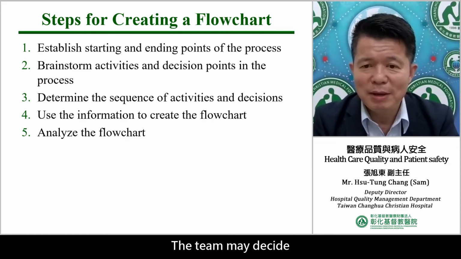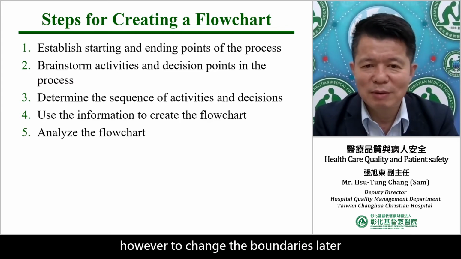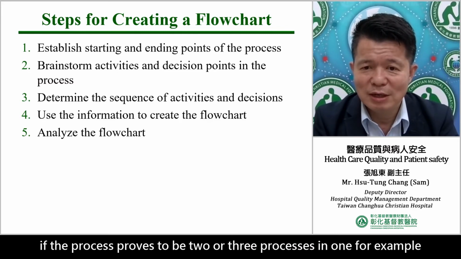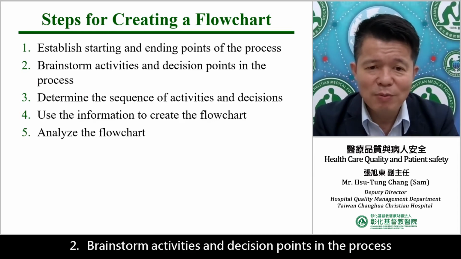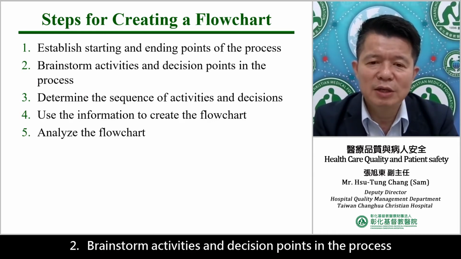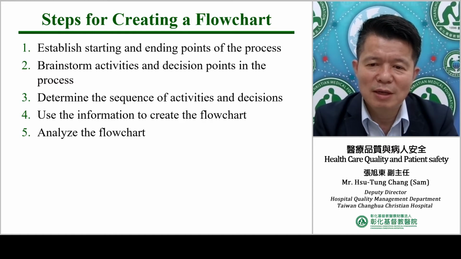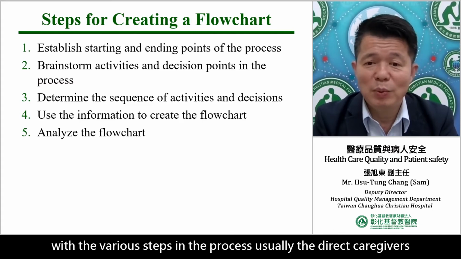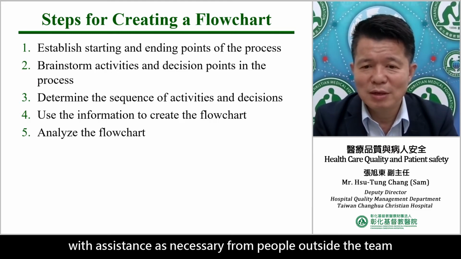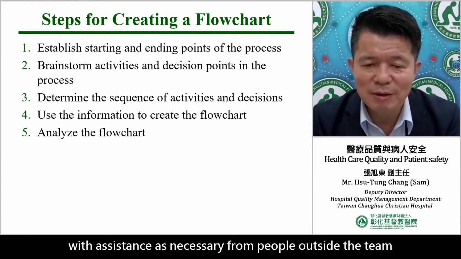The team may decide to change the boundaries later if the process proves to be two or three processes in one, for example. Brainstorm activities and decision points in the process. Brainstorming should be done by those most familiar with the various steps in the process, usually the direct caregivers, with assistance as necessary from people outside the team.